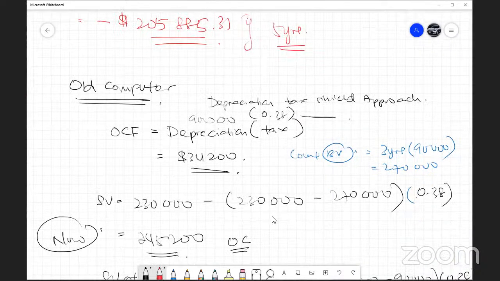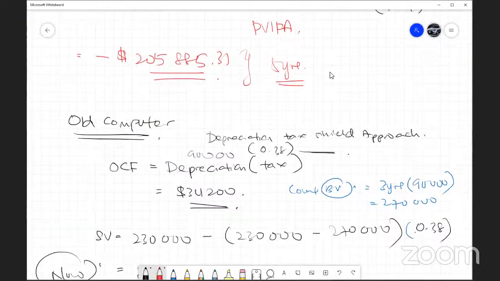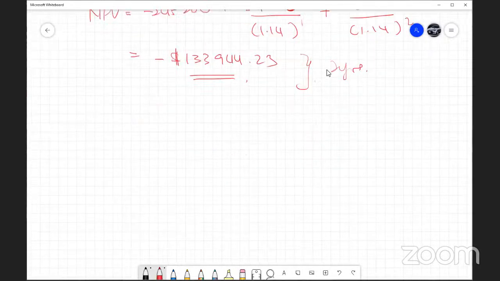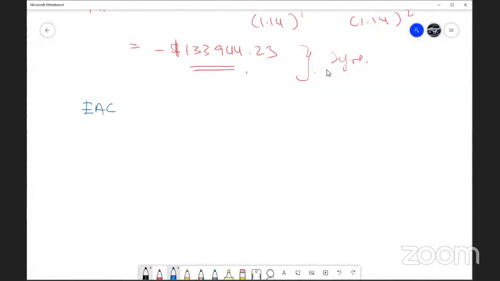So you need to convert these two NPVs into EAC. You convert both of these NPVs to EAC. So you'll get the EAC of your old computer. I hope that you remember how to use your EAC. EAC equals NPV divided by PVIFA, at the interest rate and time.